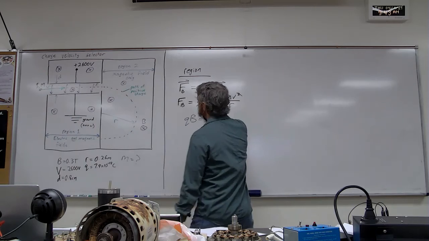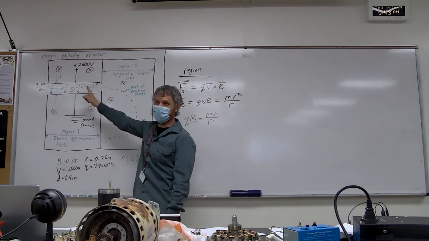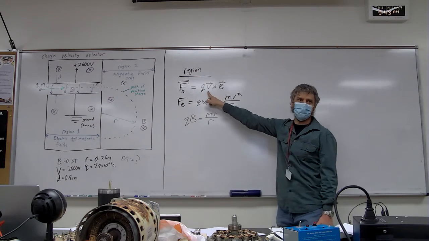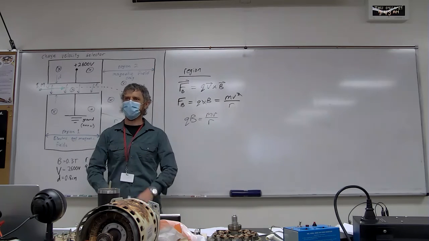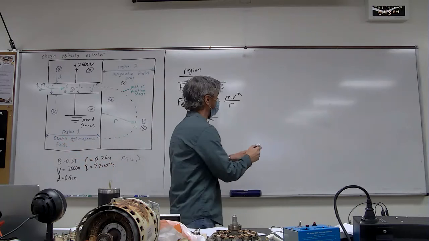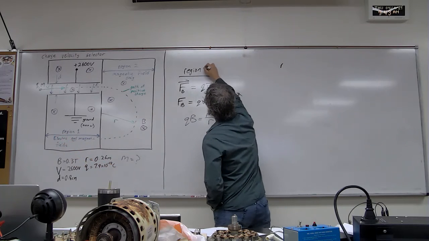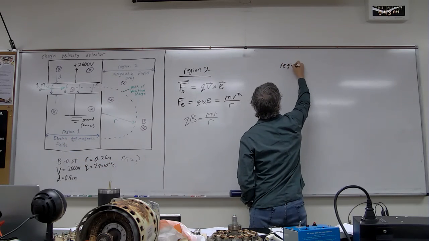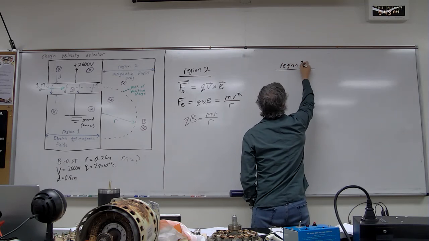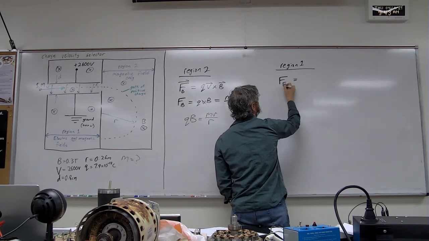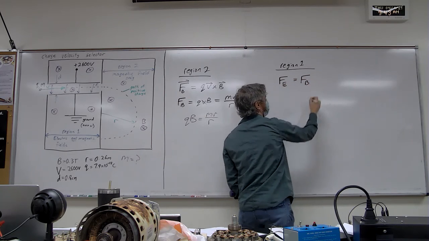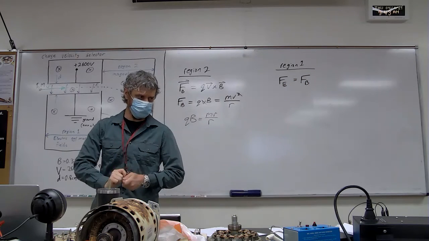I know that there is a magnetic force here in region 1 that involves the speed of the charge, and that the electric force and the magnetic force are canceling each other out there. So in region 1, the magnitude of the electric force has to equal the magnitude of the magnetic force.